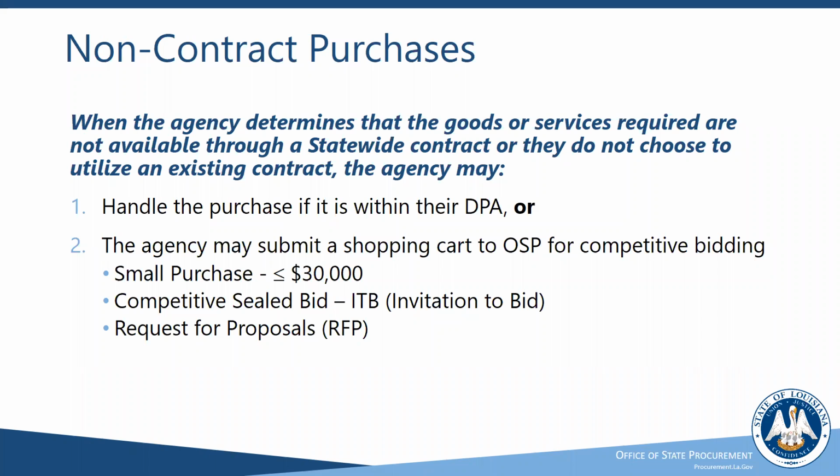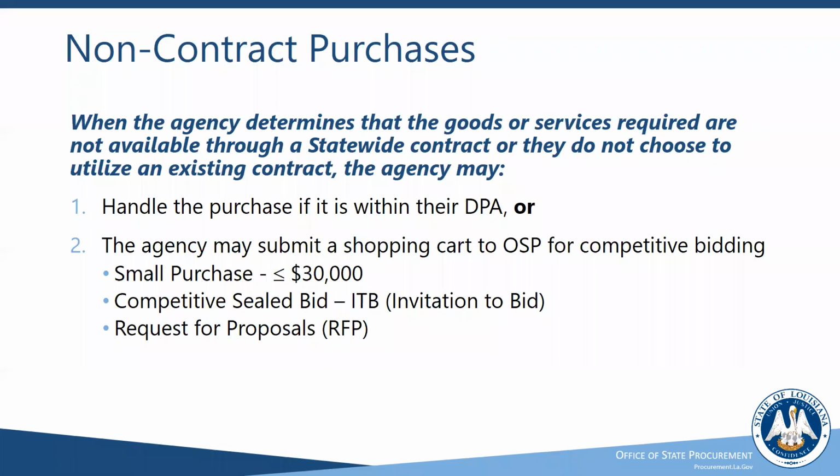When the agency determines that the goods or services required are not available through any statewide contract, or they do not choose to utilize the existing contract, because remember, not all statewide contracts are mandatory, the agency may handle the purchase if it is within your DPA, or two, the agency may submit a shopping cart to OSP for bidding. So small purchases greater than $30,000, and then an ITB or an RFP would be the next step.